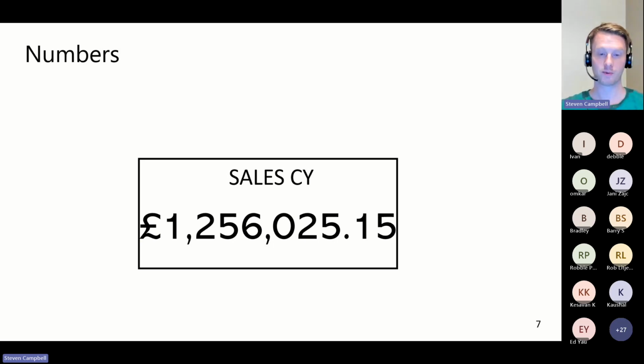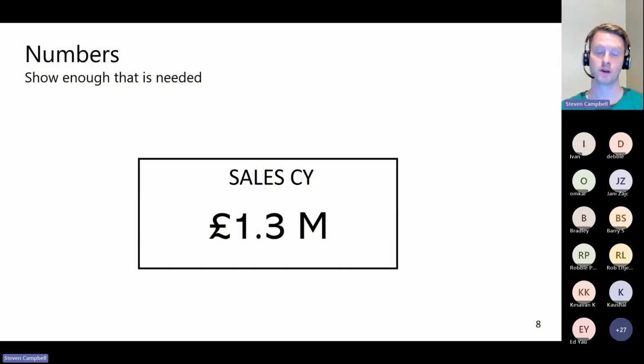But the first one, when we're displaying numbers, this is, of course, way too detailed. I don't need to know the pence on this sales amount. I don't need 1.2560 to 5.15. What I really want to do is just show enough data that's needed by the end users. And this will require knowing how your end users are looking at this KPI and what they want to do with it.